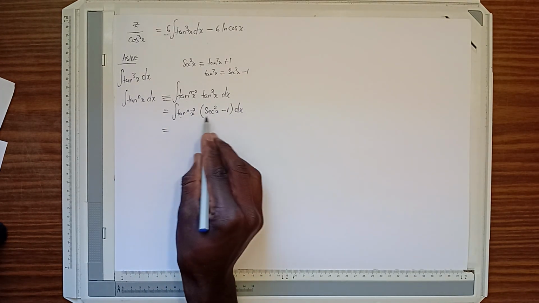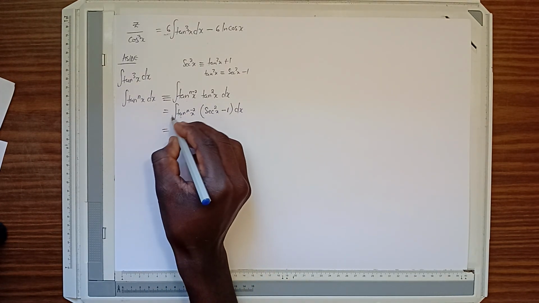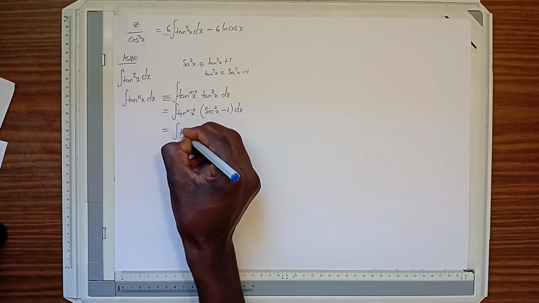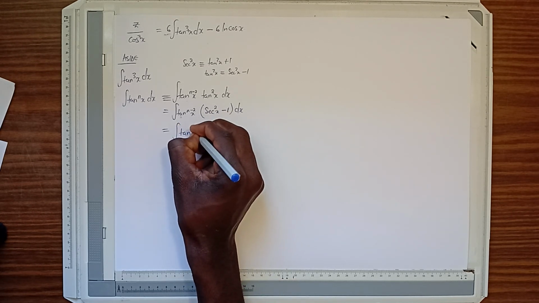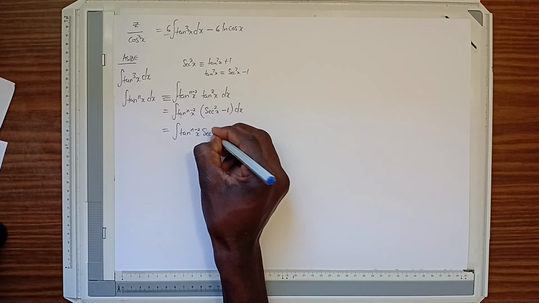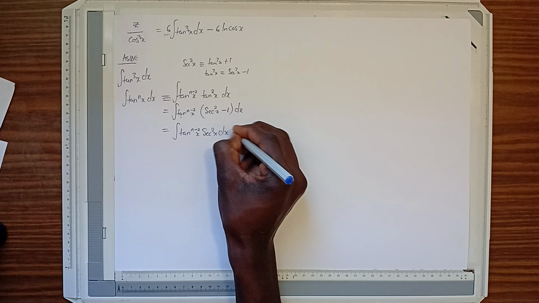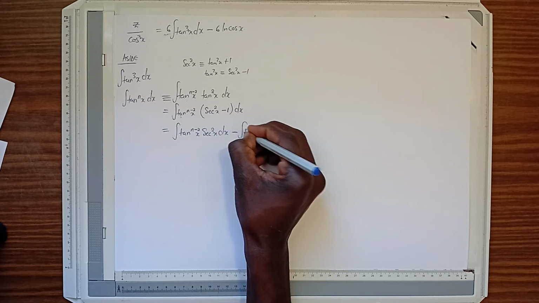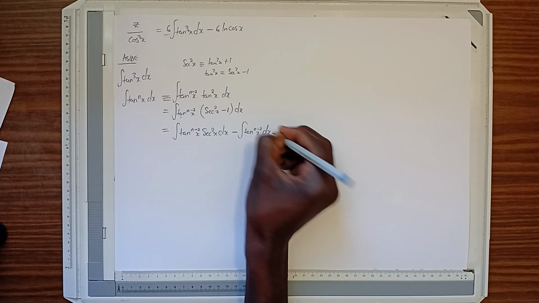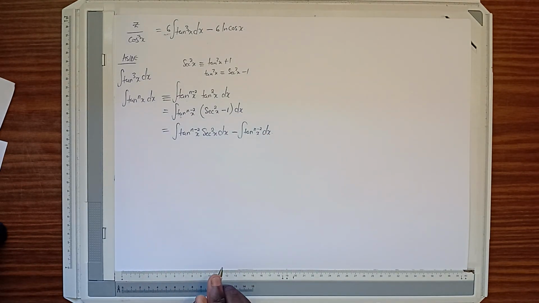So we multiply this out, and we know that the integral sign is distributive. So we get the integral of tan to the n minus 2 of x sec squared of x dx minus the integral of tan to the n minus 2 of x dx, like this.